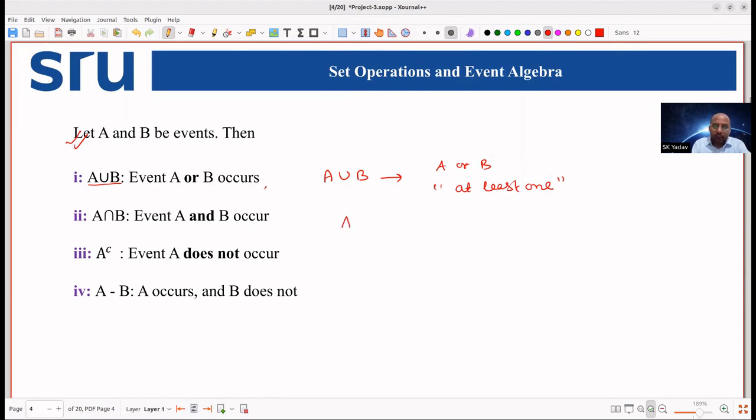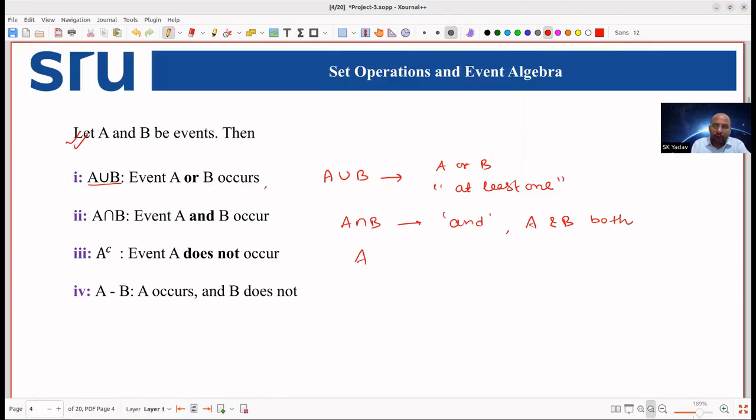Similarly, A intersection B is commonly used when the word and is used. So the probability of getting A and B, or simply A intersection B, is A and B. This is also sometimes called A and B both. The probability of both happening means A intersection B.